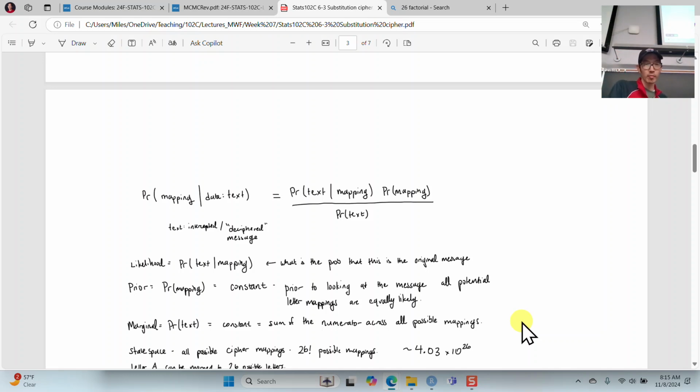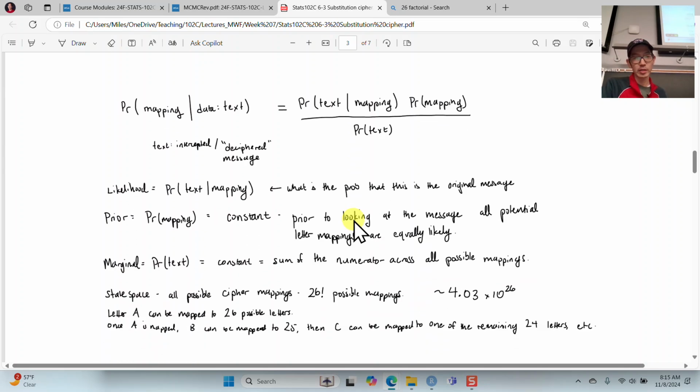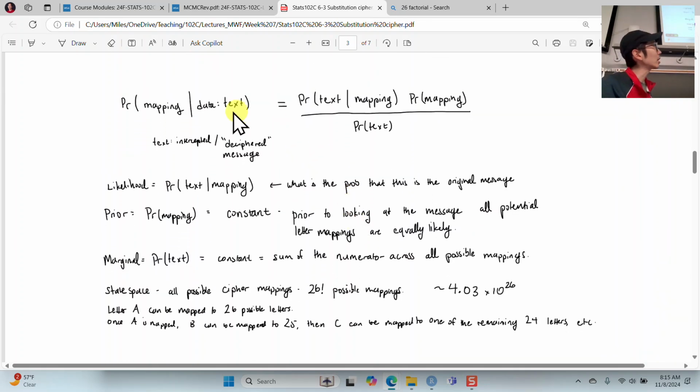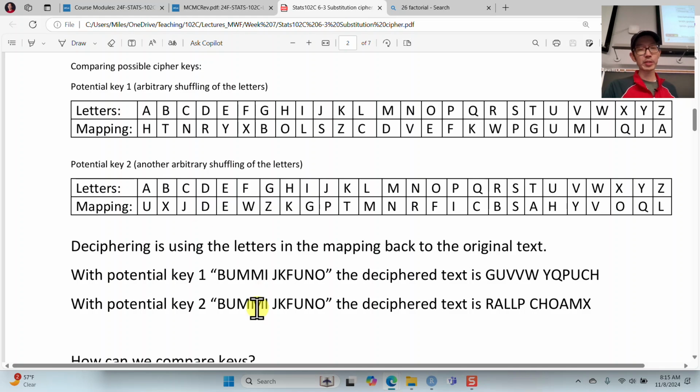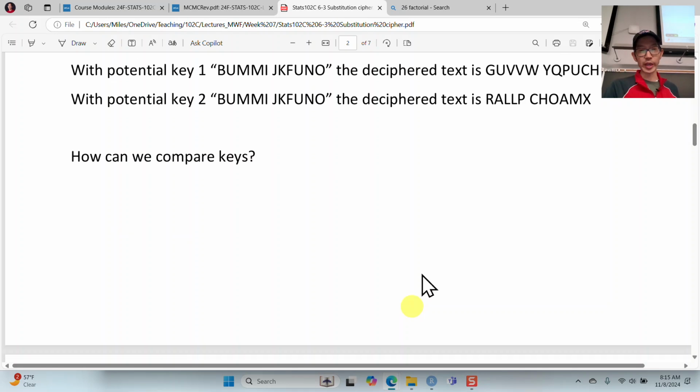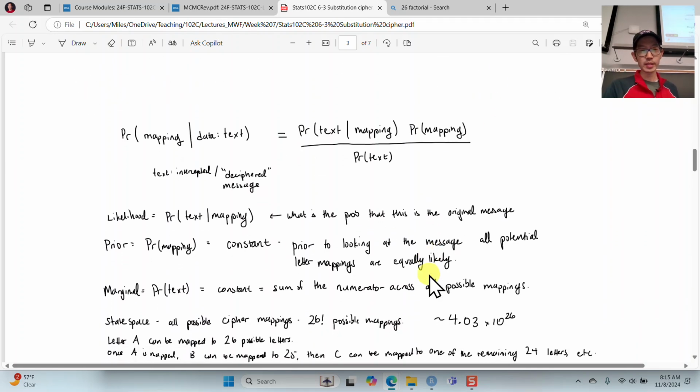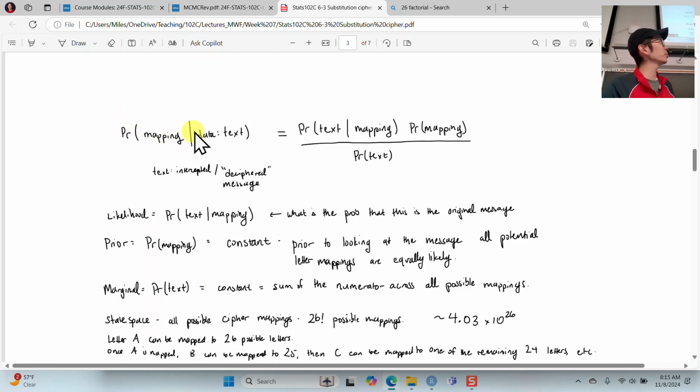So if we want to set this up as a probability problem, what we're looking for is the correct mapping of letters. What is the correct mapping of letters given some kind of text that we have? What is the correct mapping given our data?